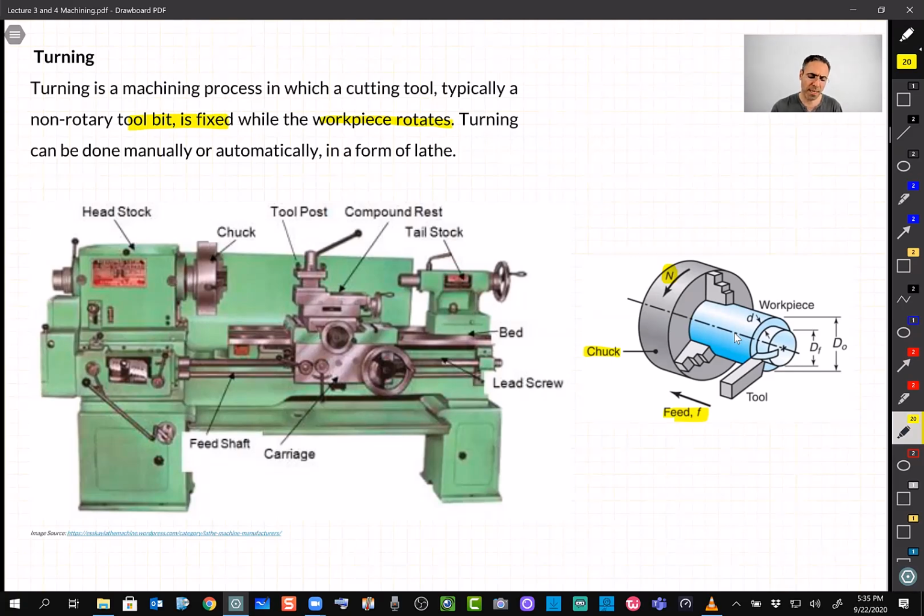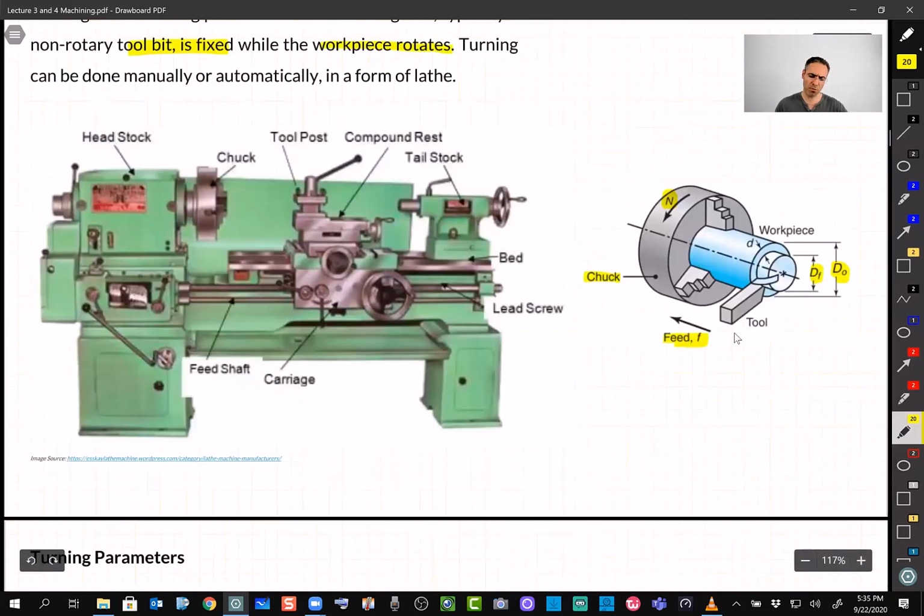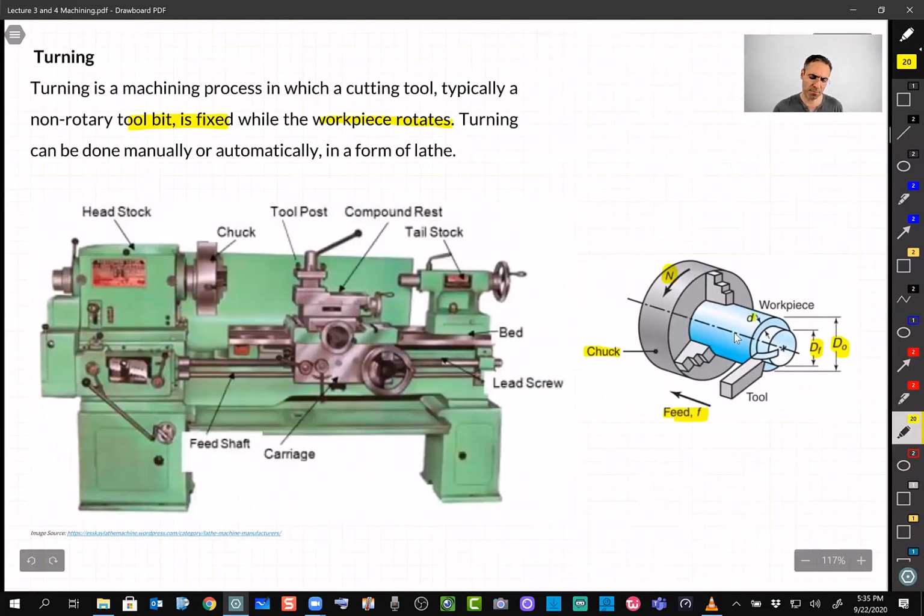Let's say our initial diameter of this workpiece is D0, and our final diameter we want to get is DF. That's the whole process of turning. Also over here, this small d is the difference between D0 and DF divided by 2, which is called the depth of cut.